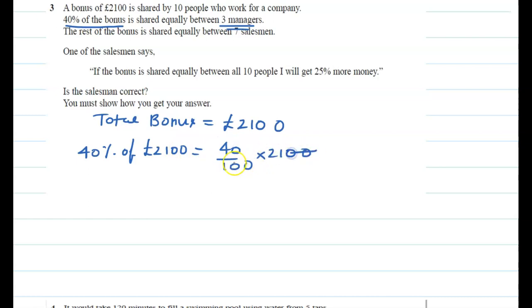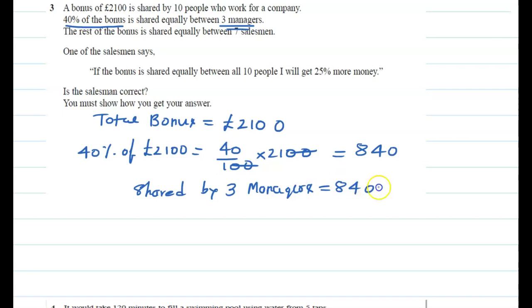The two zeros on top and bottom cancel, so 40 times 21 gives you 840 pounds. As it is shared by 3 managers, it will be 840 divided by 3, which is 280 pounds.